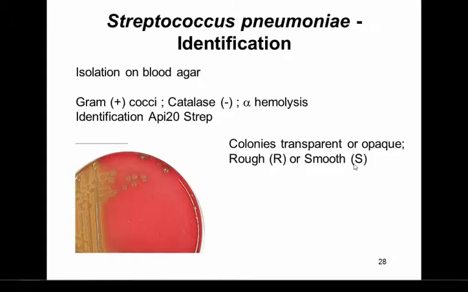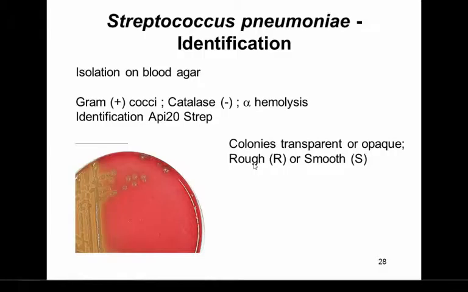Okay, so the Griffith and Avery experiment is, okay, you've got these smooth bacteria. They are pathogenic. You inject them into mice, they'll be killed. The rough colonies, they don't have a capsule. You inject them into mice, they will live.